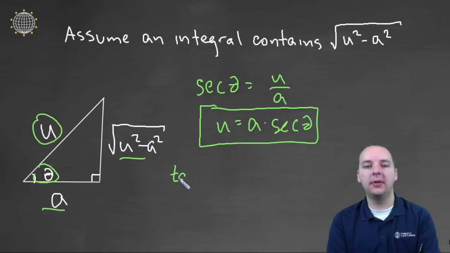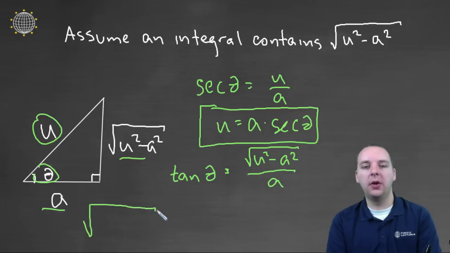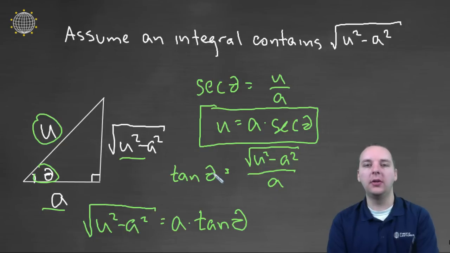So we'd have tangent of theta would equal the square root of u squared minus a squared divided by a, or the square root of u squared minus a squared would equal a times tan theta. You see what we did here? We just simply moved the a over to the left hand side. So let me box that in as well.